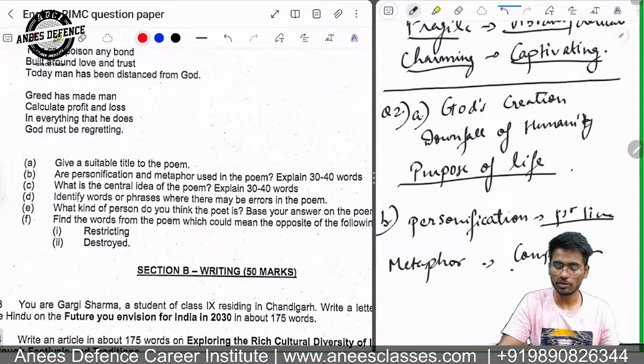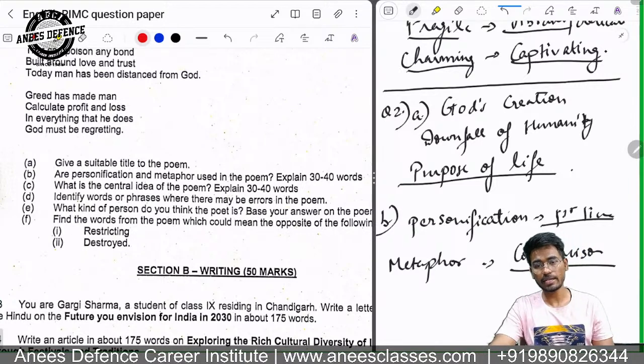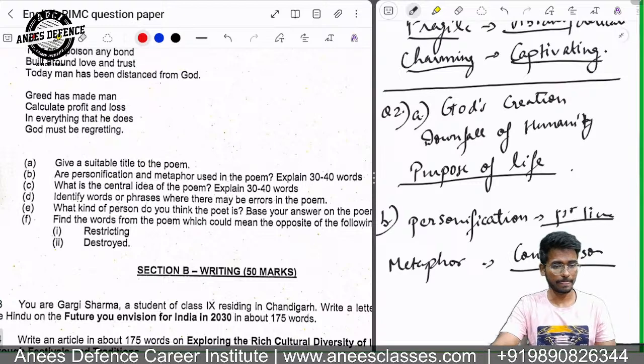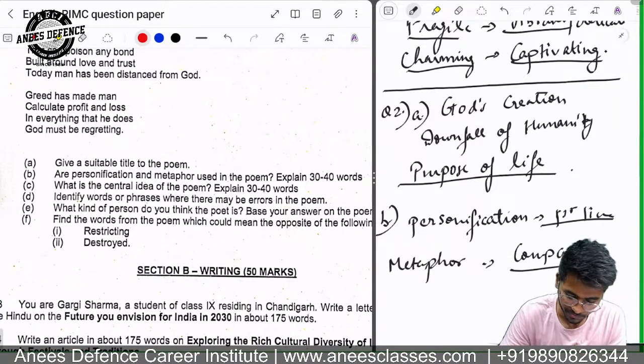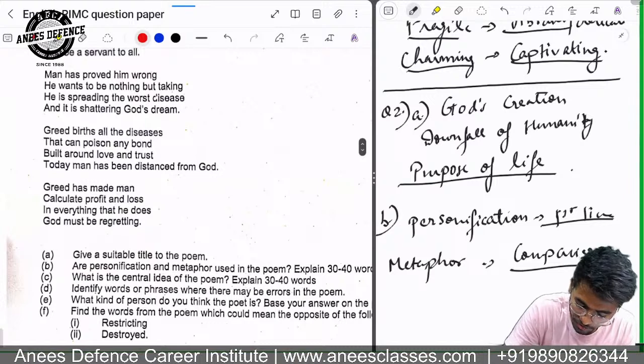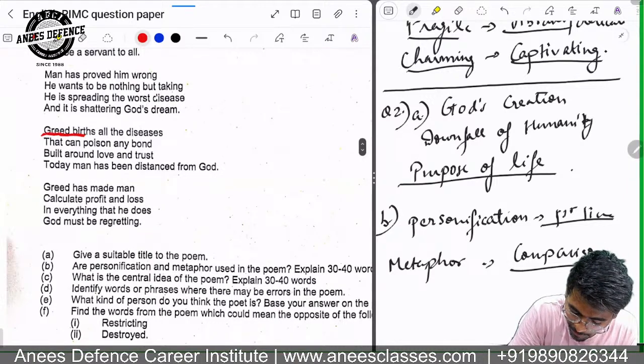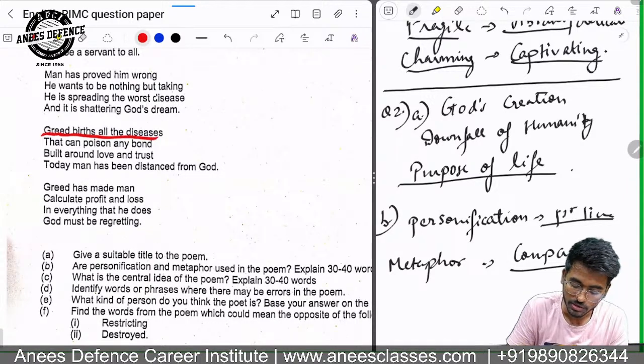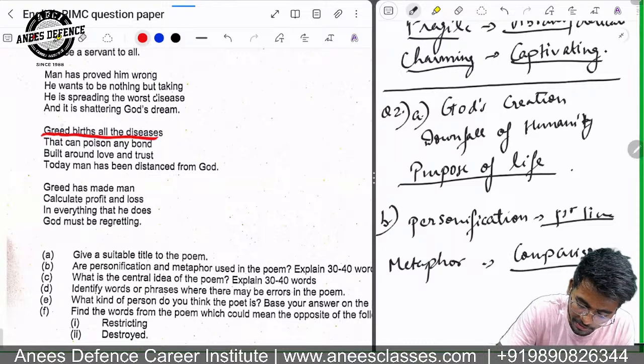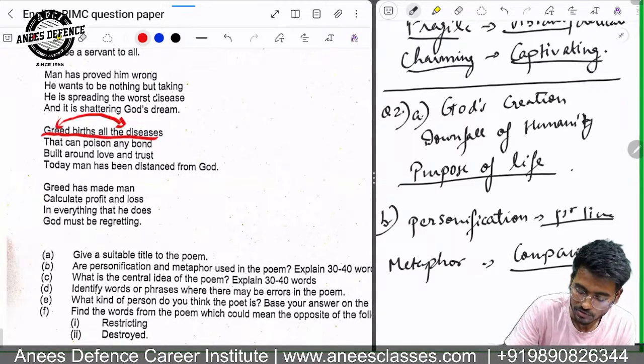When you compare two things, that time the figure of speech metaphor is used. Now in this poem, we can see that greed births all the diseases. If we see over here, it is written, greed births all these diseases. So greed is related with the diseases. So this is a metaphor over here.